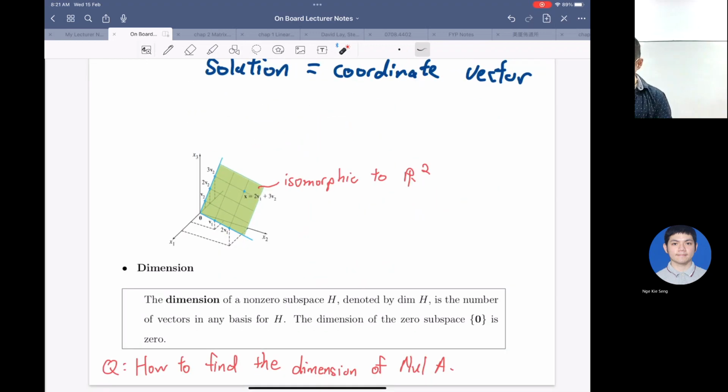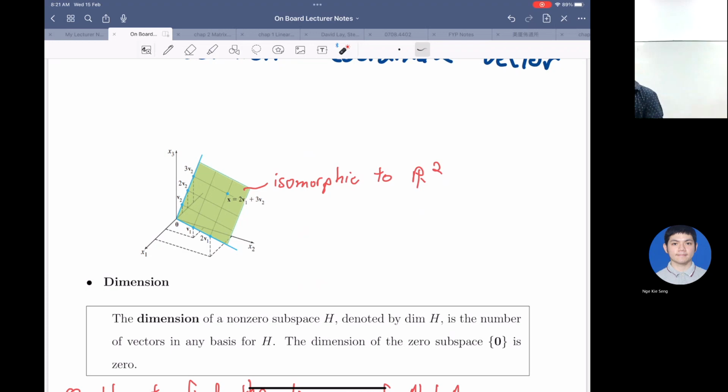Okay, next is the dimension. So we have a basis, so we can count how many vectors are inside the basis, and this is the dimension. The dimension of a nonzero subspace H, we write dim H, is the number of vectors in any basis. So we count how many vectors are in the basis.